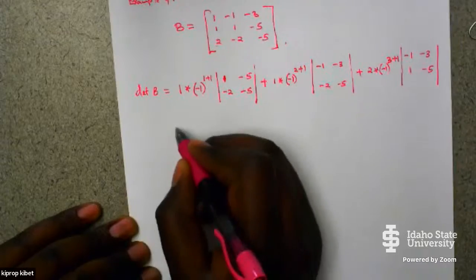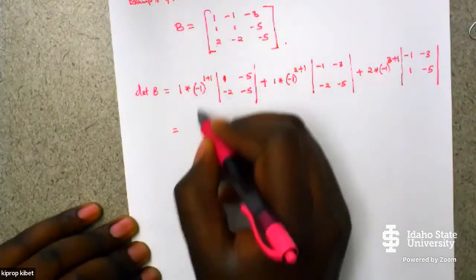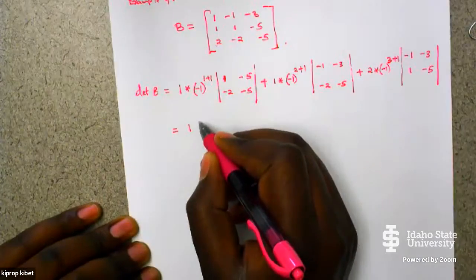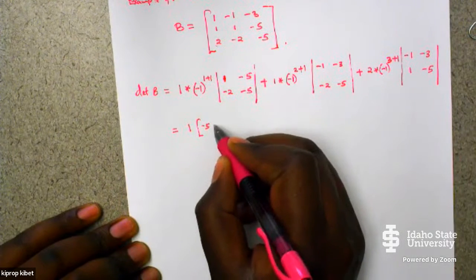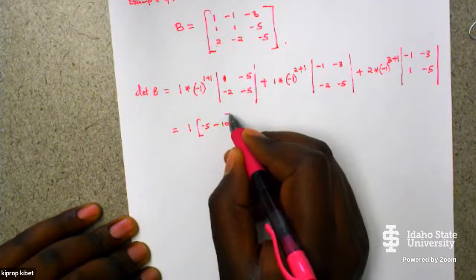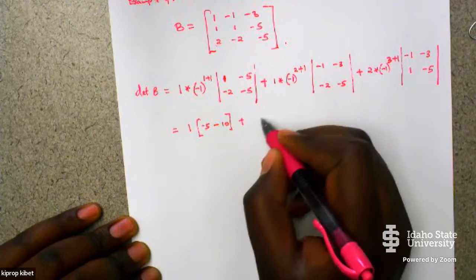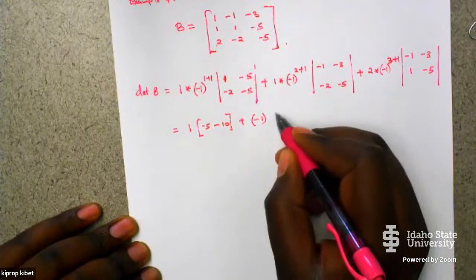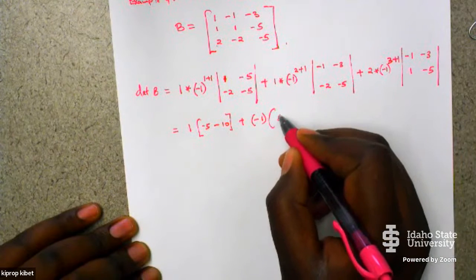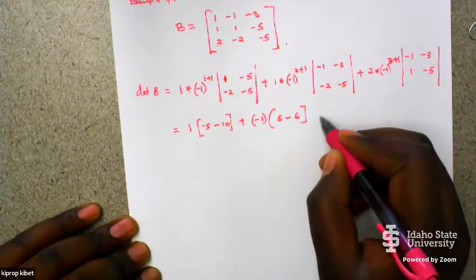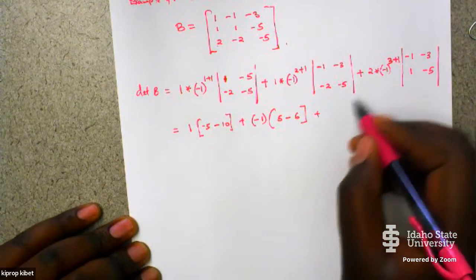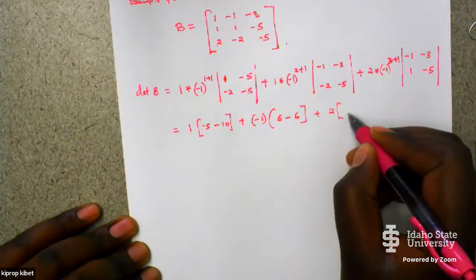So when you solve these, this is equal to 1 multiplied by (-5 - 10), plus -1 multiplied by (5 - 6), plus 2 multiplied by (5 + 3).